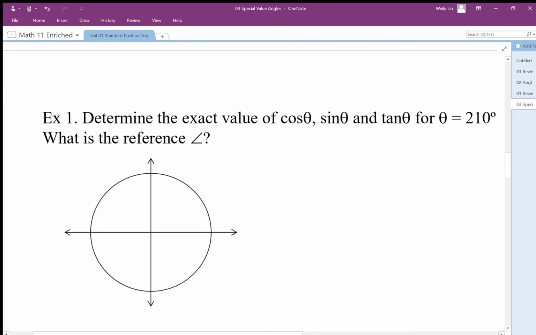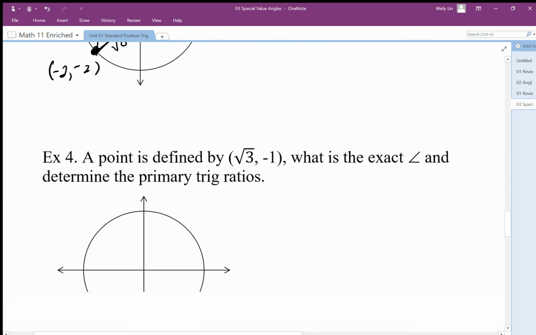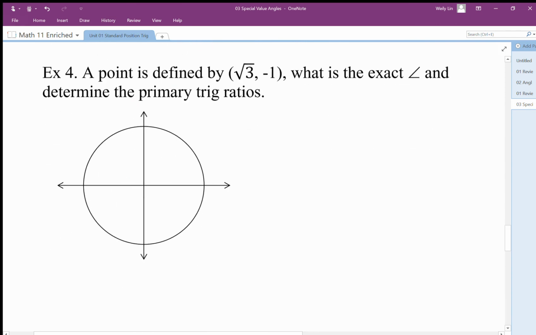So root 3 relates to the long side. When I look at this, root 3, negative 1 is going to be in quadrant 4, and I'm going to draw this triangle with the long side horizontal, short side vertical. That's the 30-degree triangle that we're going to find.